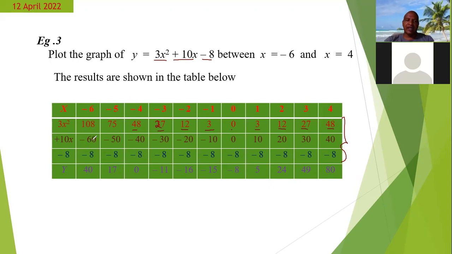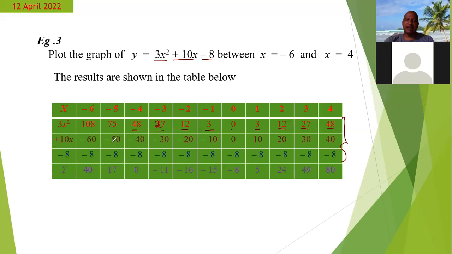So if you add -60 with -8, you get -68. And if you have 108 minus 68, you will get 40. Now the next one, you'll have +75, but you're subtracting 50 and you're subtracting 8.